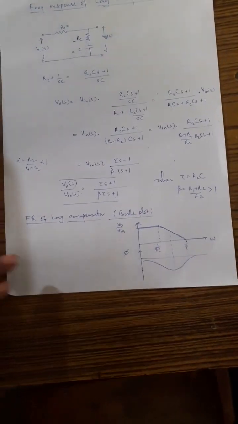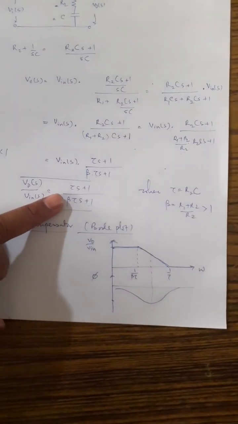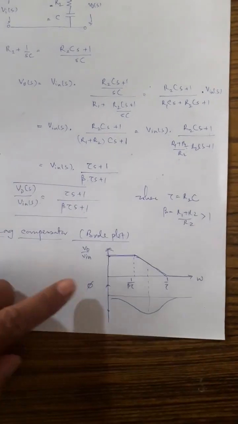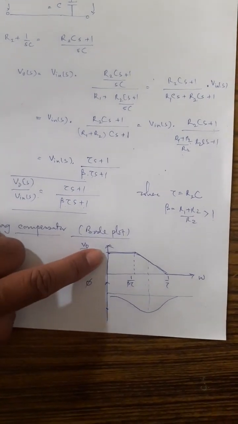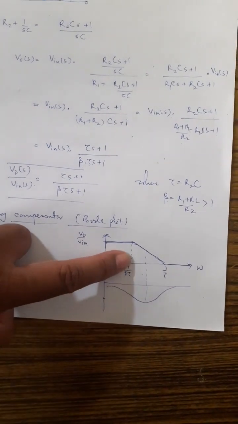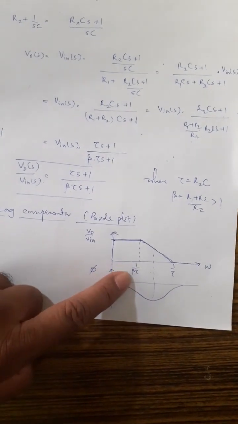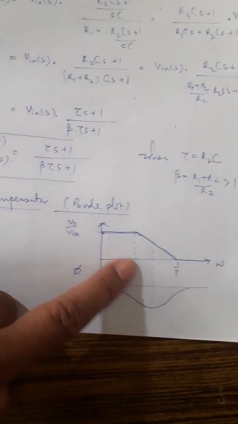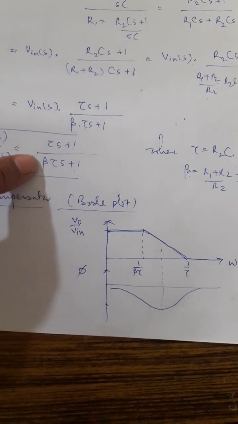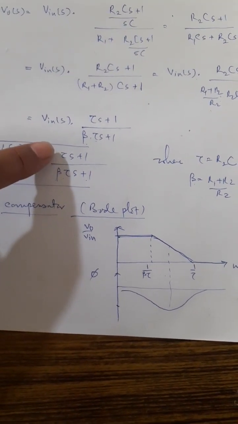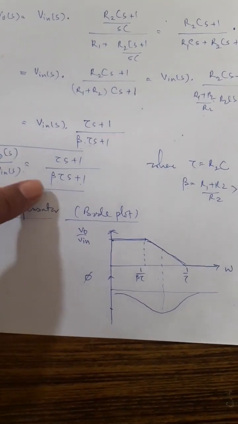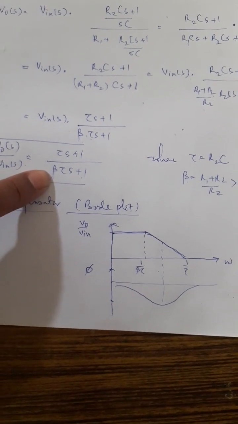And if you construct the Bode plot with the help of this transfer function, then your Bode plot looks like this. Initially, for the lower range of frequencies, up to the lower cutoff frequency 1 over beta tau, one corner frequency in this case is 1 by tau, another corner frequency is 1 by beta tau.